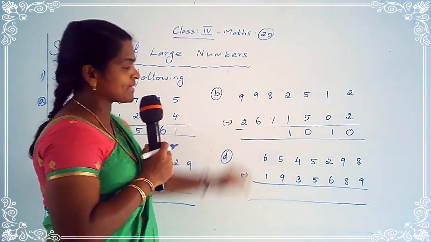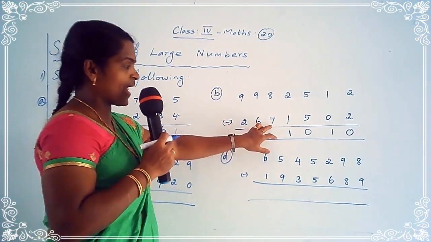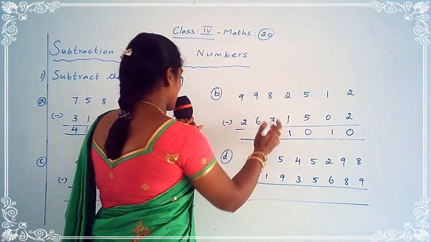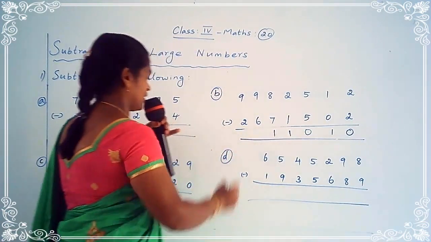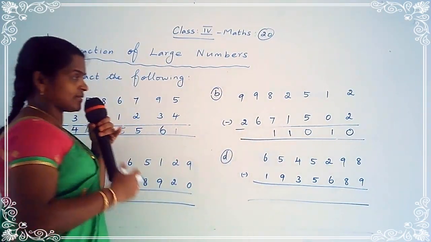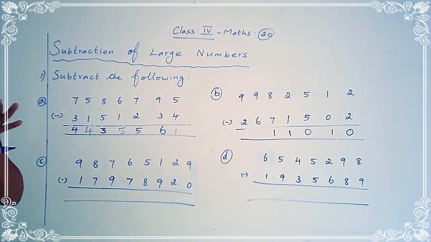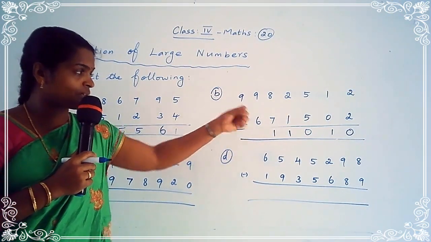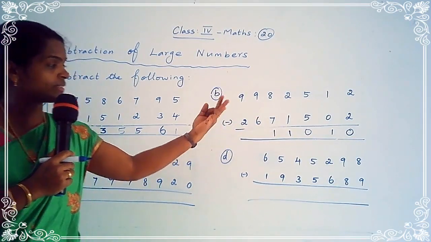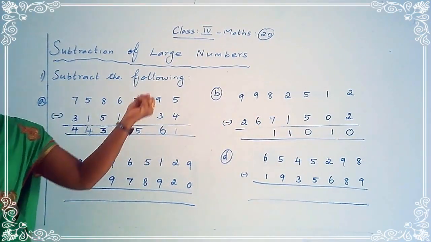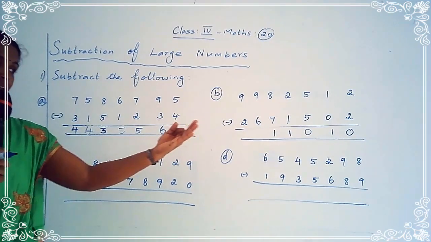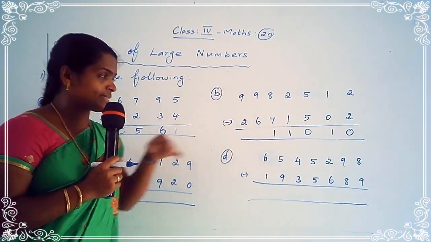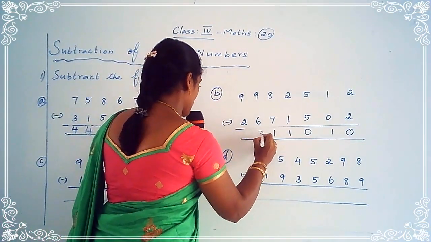So 8 minus 7. 7 after 8, so only 1. So 8 minus 7 is equal to 1. Next 9 minus 6, subtracting in the lakhs place. So 6 after 7, 8, 9. How many fingers? 3. So 9 minus 6 is equal to 3.